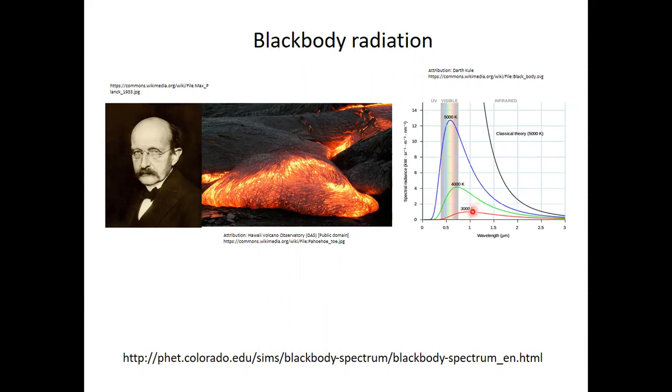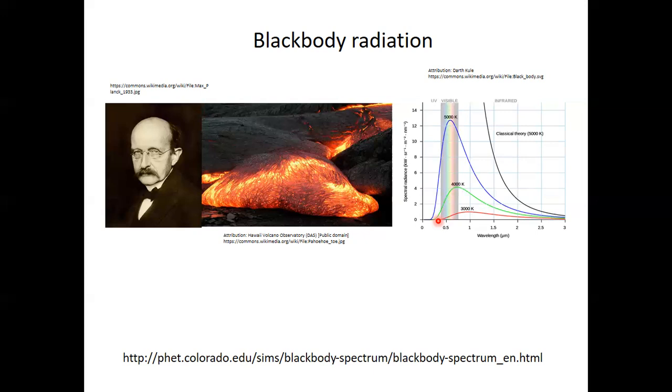So this radiation is still mostly in the infrared, but some of the radiation, this part here, is actually already in the visible. You know that the visible light that has the longest wavelength is red light. Therefore, when you heat a body, it first glows red.